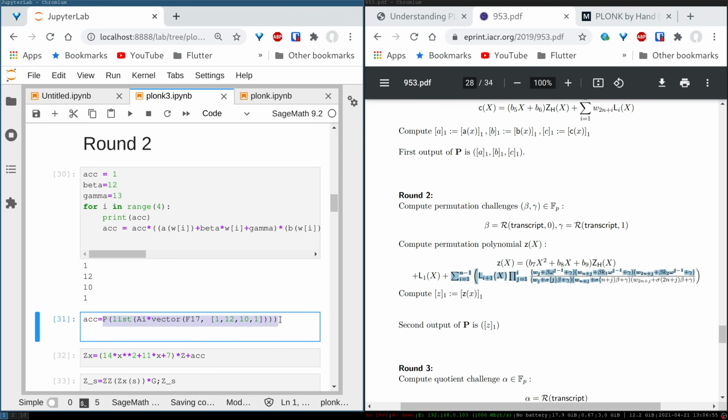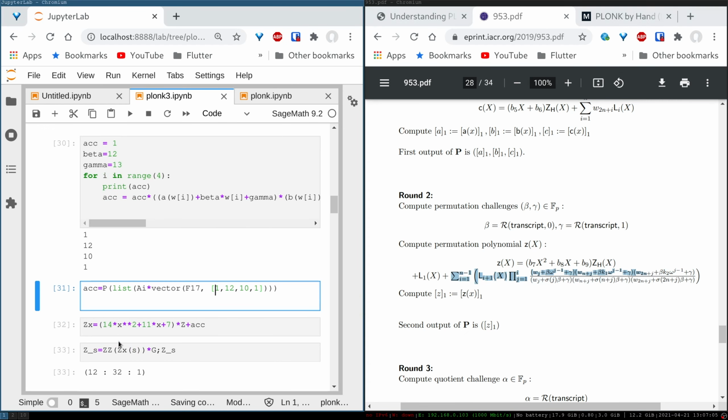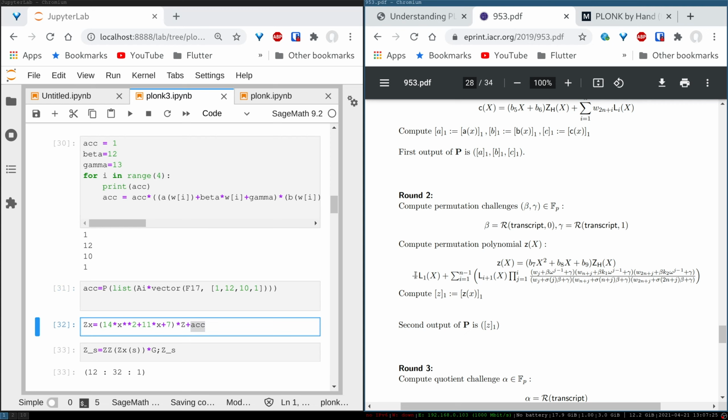This is the polynomial that interpolates these coordinates. So that gives us this term. And then we have to blind it the same way with 3 values here, B7, B8, B9. So I chose 14, 2, 11. Again, whatever you want. And add our final polynomial.